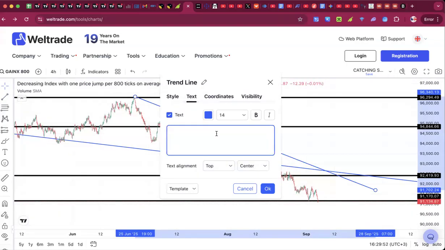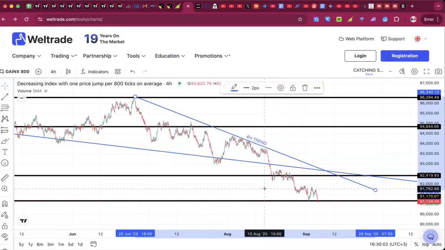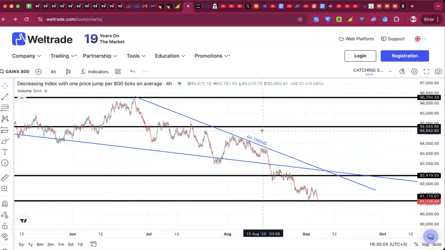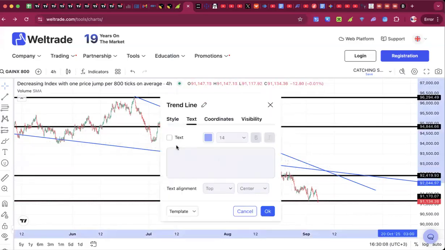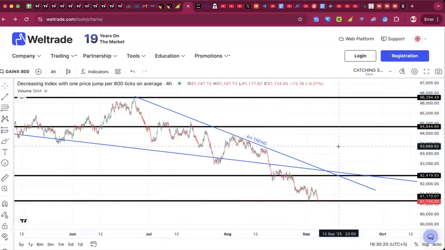Okay, 4H trend. Here is 1 day trend. It's not compulsory, I just delineate mine.